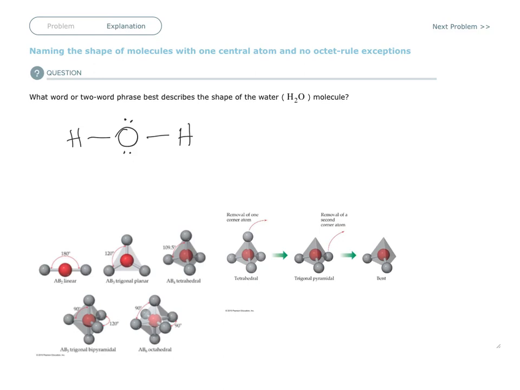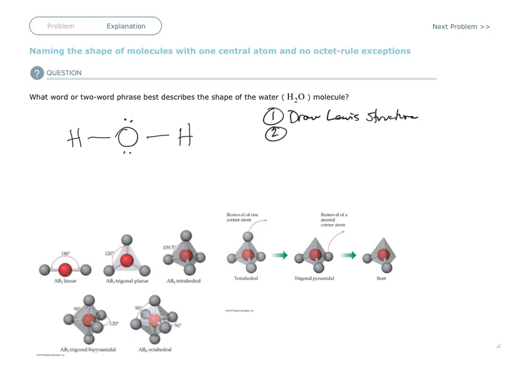Great. So I'm now going to look for how many groups of valence electrons I have around the central atom. Let me just give you the steps. Number 1, you're going to draw the Lewis structure.